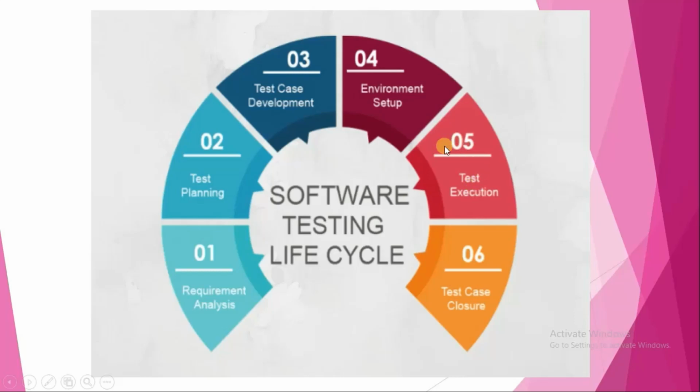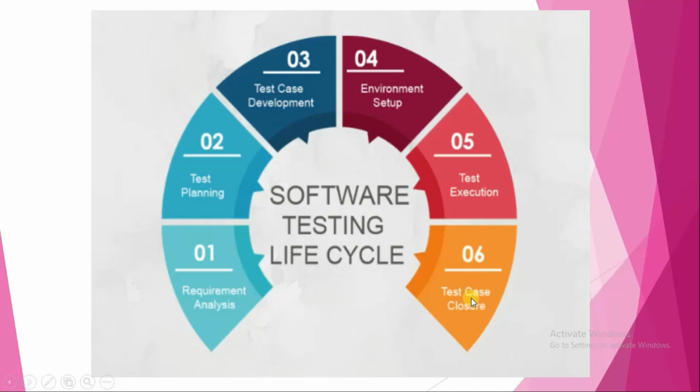Once the developer fixes the issue, the tester has to retest the case execution, and once it is fixed, he moves to test case closure. This is the final step, and he reports the test case closure to the team lead.